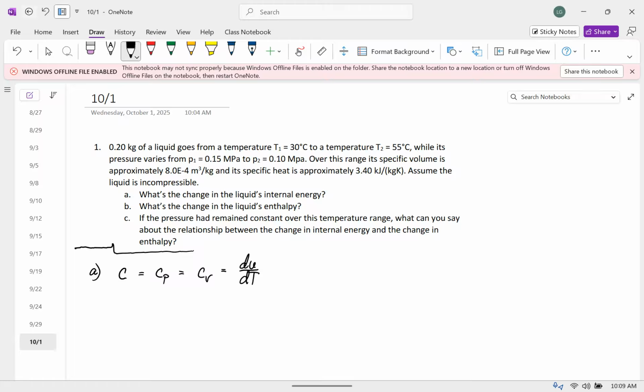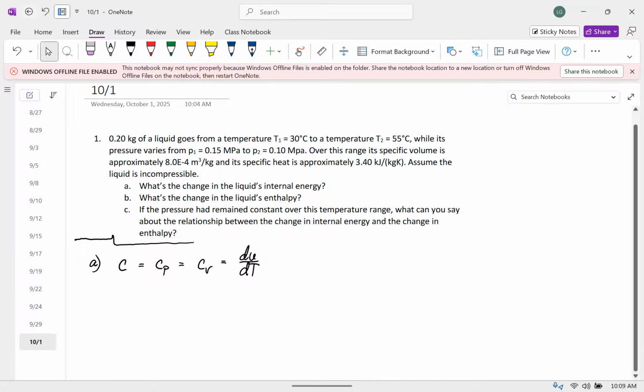Okay, so we're given the specific heat value, 3.4 kilojoules. If we're going to do it in SI units, 3.4 times 10 to the third is equal to du over d temperature.